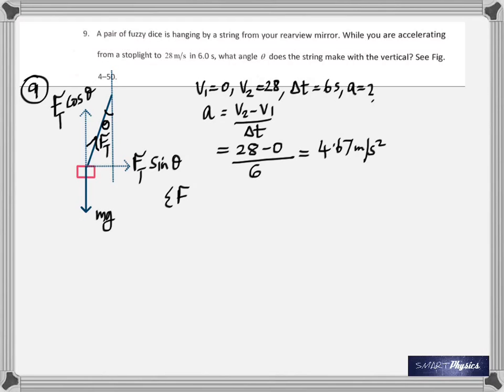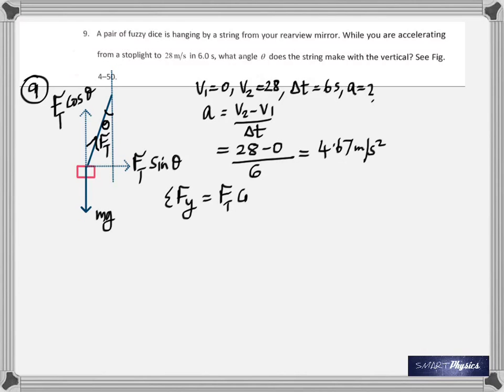And then you take the net force along the... I'm going to ask you this. What's the net force along the x-axis? Again, what's the net force? Remember, we're not considering air resistance, right? We're pretending there's no air. Only F_T sine theta, that's all. There's no other force along the x, therefore set it equal to ma.